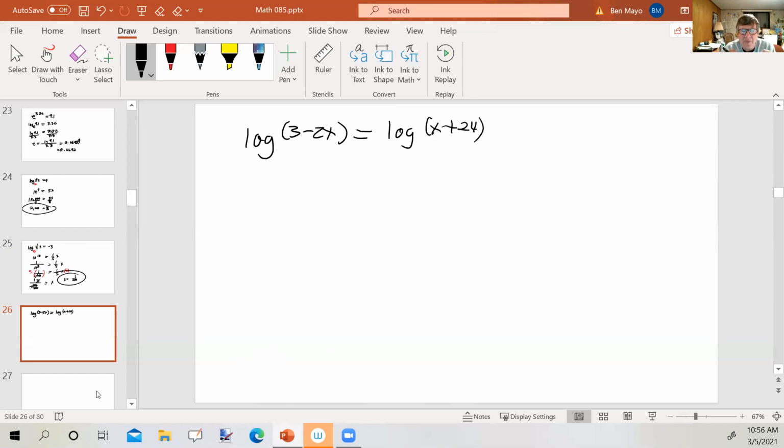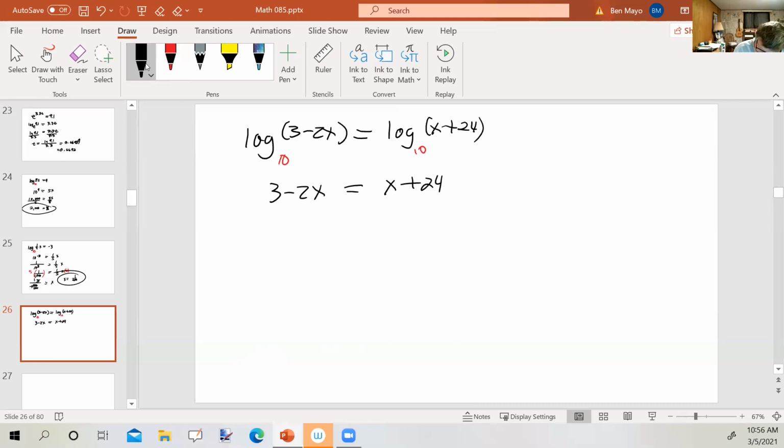Recall if we had an exponential equation where the bases were the same, a base to a power equals the same base to a different number, if the bases were the same, the powers were also equal. Well, here, these are both log base 10, so the quantities inside the parentheses would also have to be equal. Log base 10 of the left side equals log base 10 of the right side. The left side has to equal the right side.